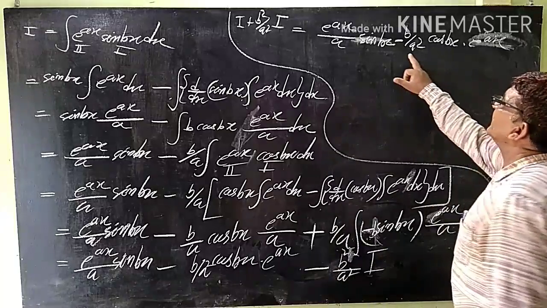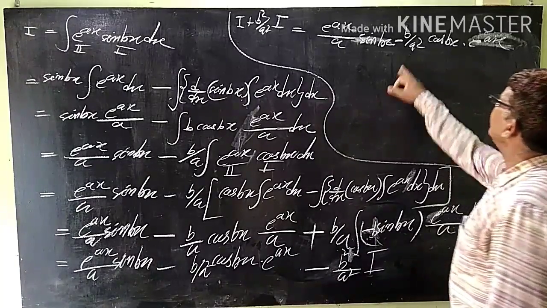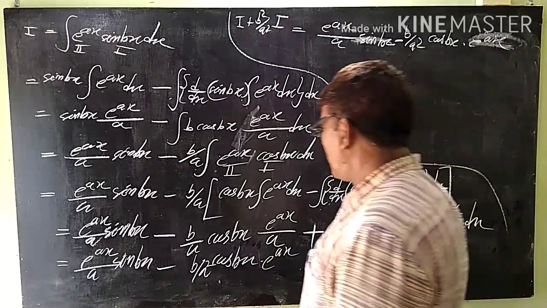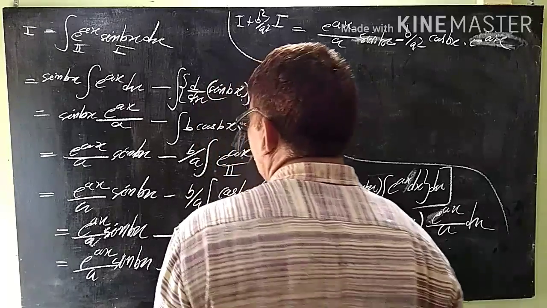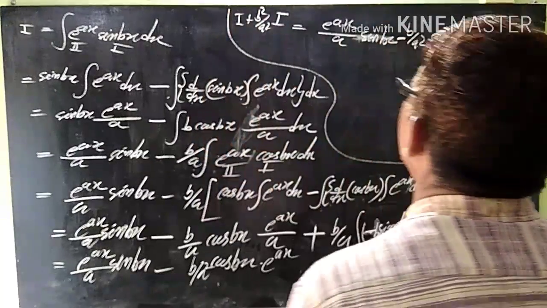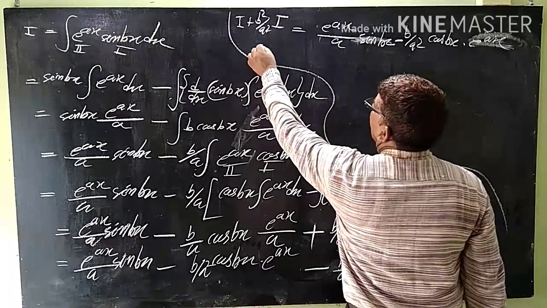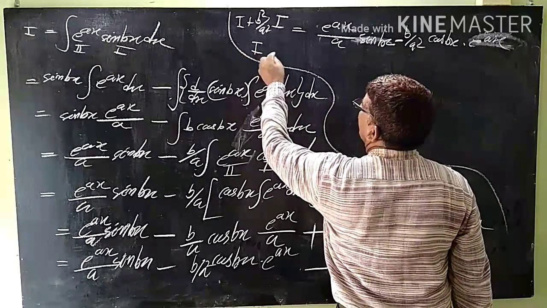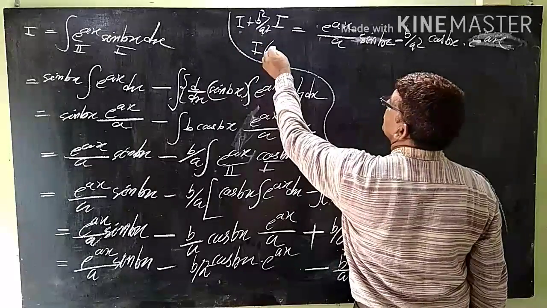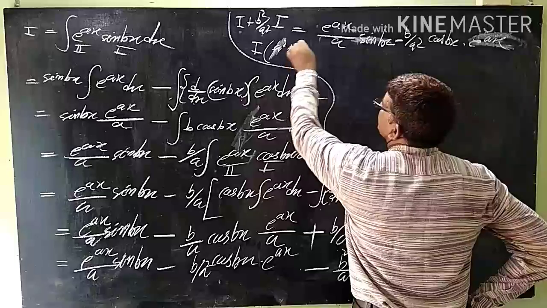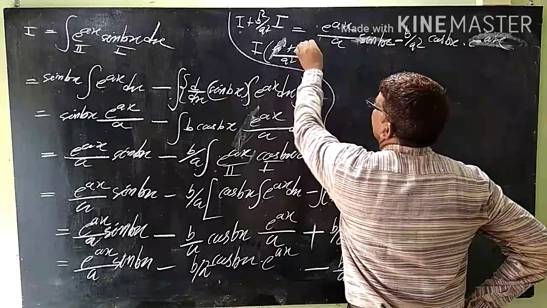It can be taken outside, b upon a, and this is equal to a upon b. This is equal to a square plus b square upon a square.